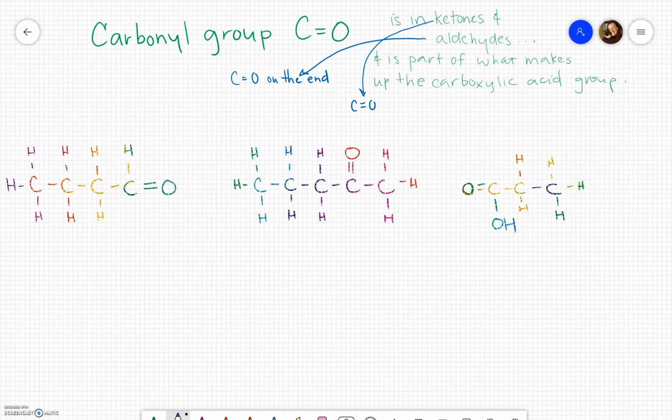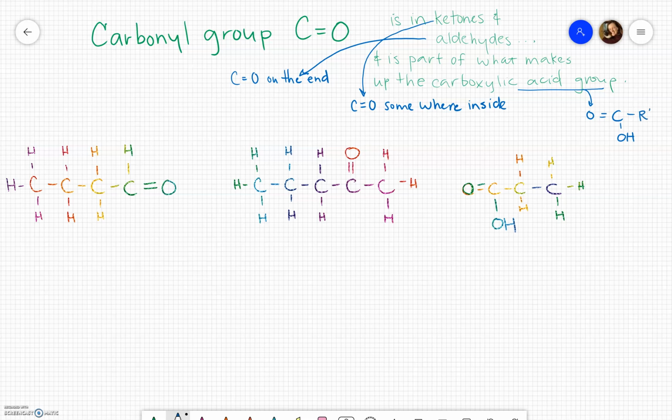So the C double bond O is somewhere in the middle, or somewhere inside. And finally, the carboxylic acid group not only has a carbonyl, but it also has a hydroxyl group.